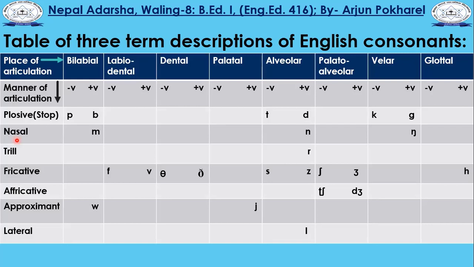While describing the consonant sounds, we treat them in detail: plosives, nasal, trill, fricative, affricate, approximant, and lateral are the different manners of articulation. We studied that there is only one lateral sound in English, l.